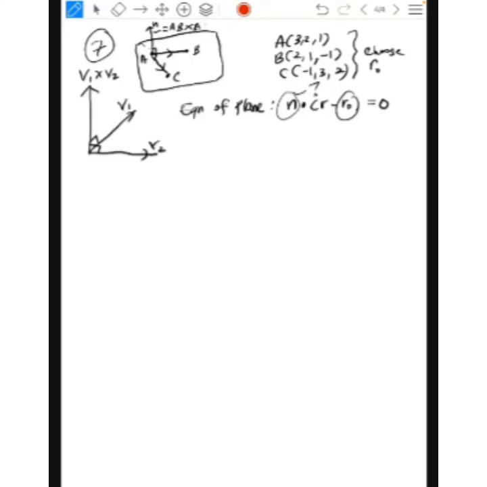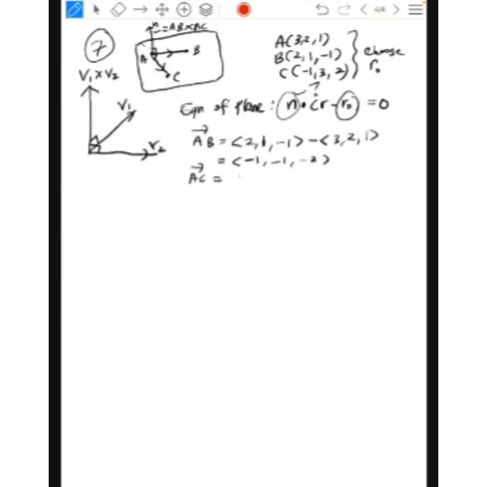AB cross AC. First, we have to find AB. So AB is 2, 1, negative 1 minus 3, 2, 1. And then find the AC.